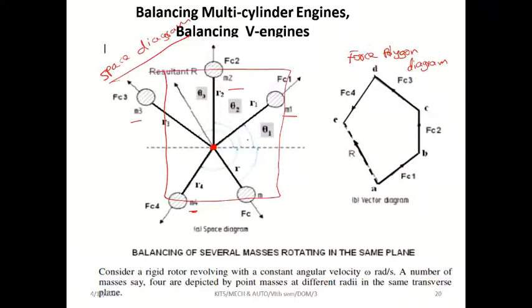So I have to find the balancing mass. In the question they have given the masses m1, m2, m3, m4. They will not give the resultant mass. This one we have to find, the resultant balancing mass. This value we have to find, and this direction.